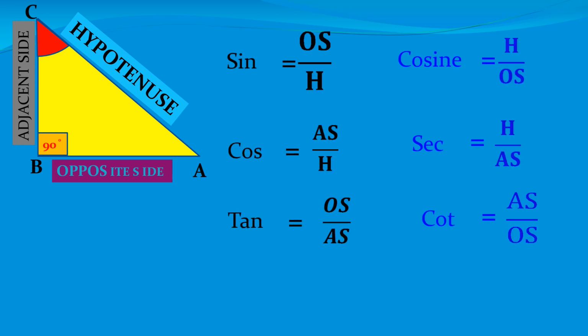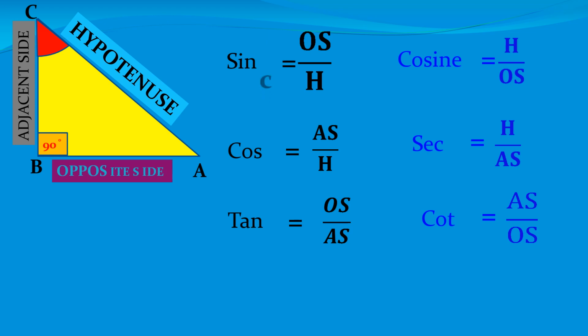If you observe here, sine is equal to opposite by hypotenuse. This is right, but whose opposite, angle A's opposite side or angle C's opposite side? We don't know. That's why sin, cos, tan, cosec, sec, cot have no values unless there is an angle. So we have to select one angle compulsorily.